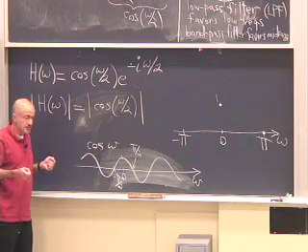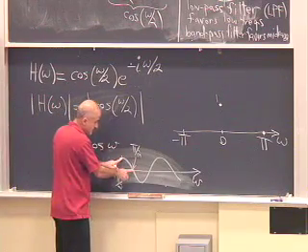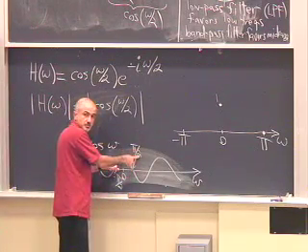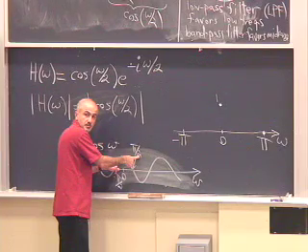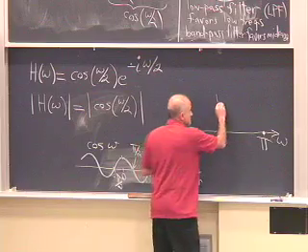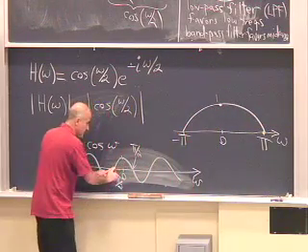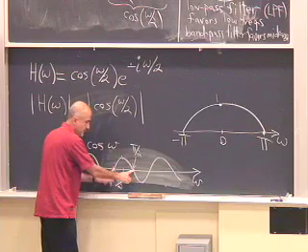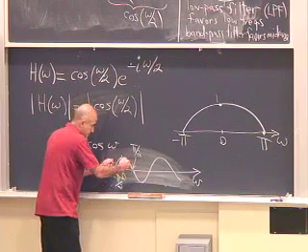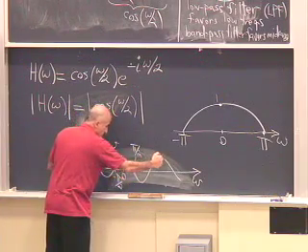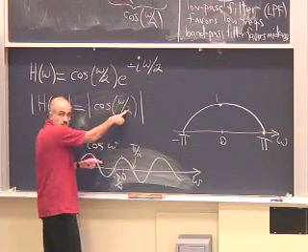Stretch. So the first 0 crossing, instead of it being at pi over 2, is going to be now at what? Pi. So this portion of the curve, which went from minus pi over 2 to pi over 2, gets stretched by a factor of 2.